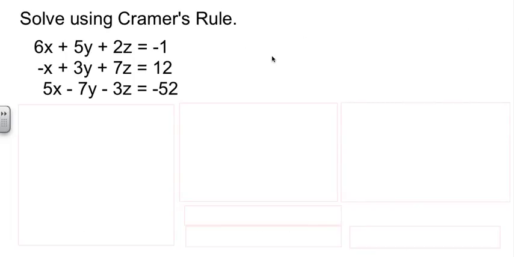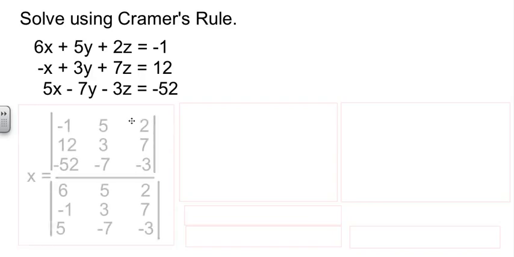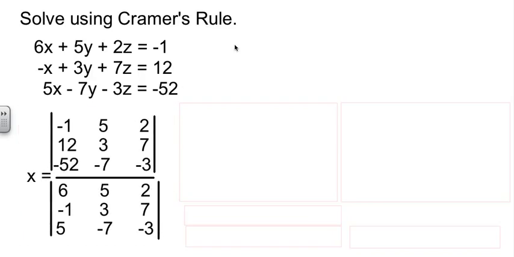So now let's do a 3 by 3 with Cramer's rule. And we're going to use graphing calculators for a good bit of this, and I'll show you how to do that in class. I still want to see your setups. Okay, I've got my denominator, it's the coefficients, and I put the constant terms in the x column.